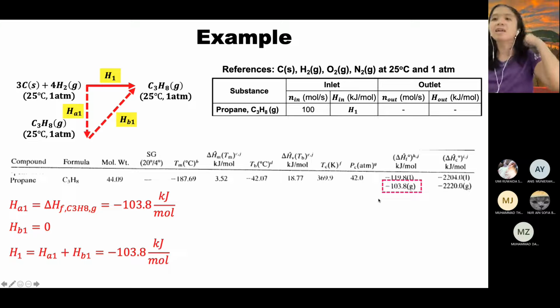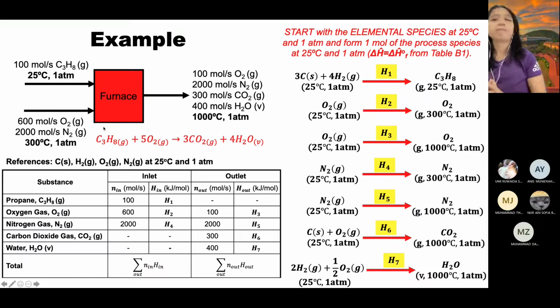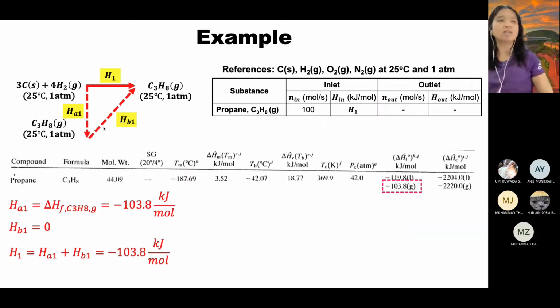Okay, for example, in this case, the reference condition is the condition where we first form the compound at the formation condition. For example, if you use table B2, I will use the heat of formation from table B2. If I use the heat of formation from table B2, its reference condition is automatically 25 Celsius 1 atm. It means your reference condition must be this if you use table B2. This is table B1.